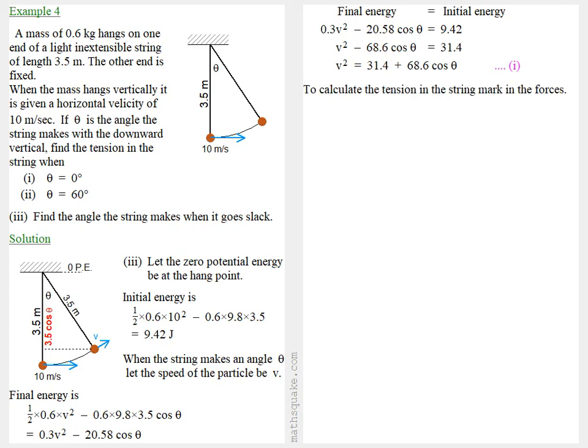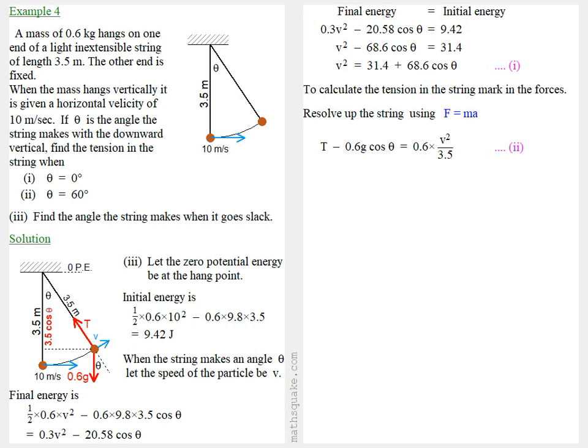Now to calculate the tension in the string, we need to mark in the forces. There's a weight 0.6 g acting vertically down, and there's a tension in the string. We can call that T. Now resolving up the string, we can use F equals ma. Now the weight makes an angle of theta with the direction of the string, and so we have T minus 0.6 g cos theta equals 0.6 times the acceleration, which is v squared over 3.5.